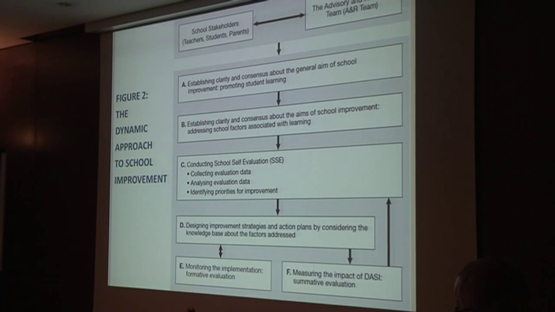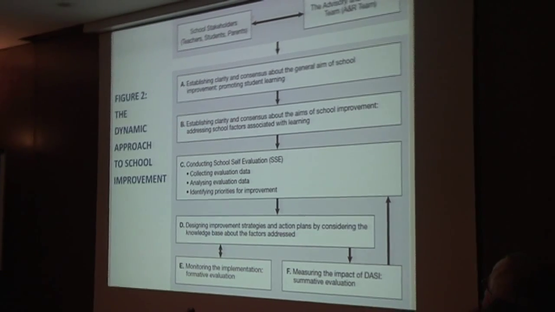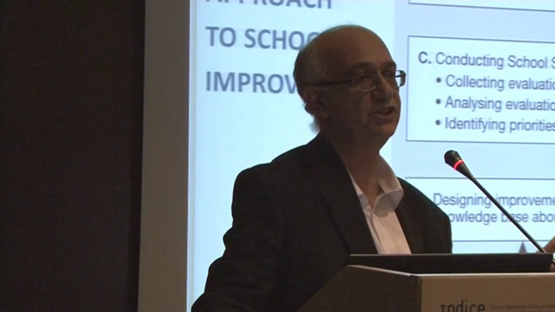In this transparency, you can actually see the steps of this. The first two steps are basically concerned with the establishment of clarity and consensus. Clarity and consensus first about the general aim of any school improvement project.